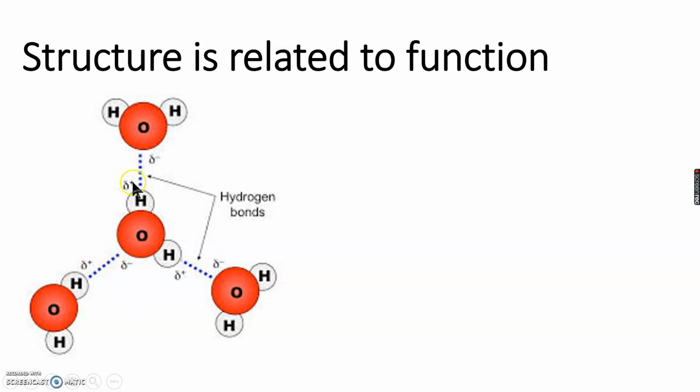You see it represented by a dotted line. That dotted line, that attraction, is an intermolecular force, as you'll remember, and that's hydrogen bonding. It's not a bond because electrons have not been shared or transferred between these water molecules, but it is a very strong attraction. So the structure of water directly relates to these hydrogen bonds forming.